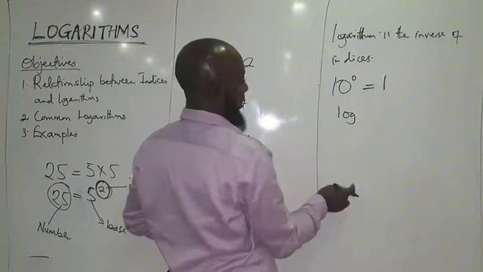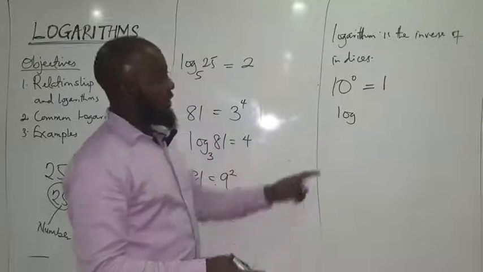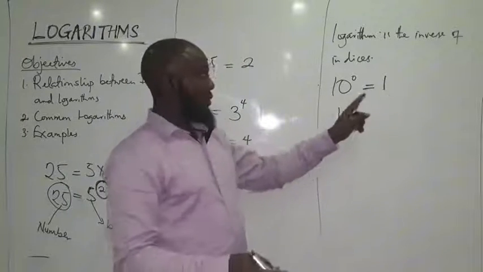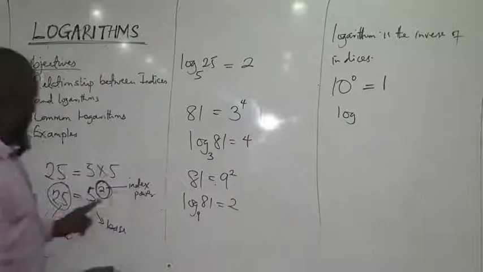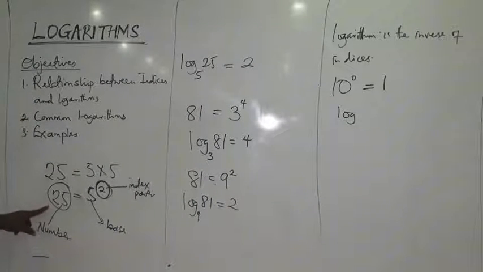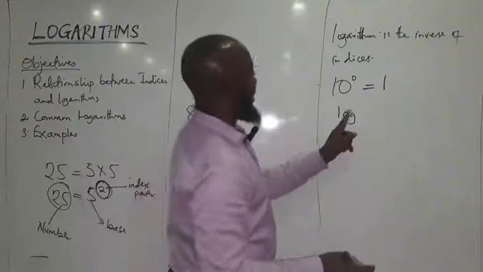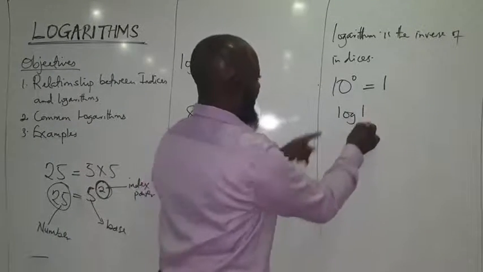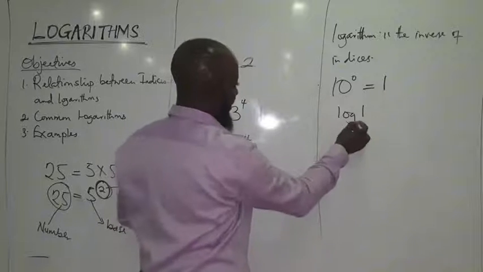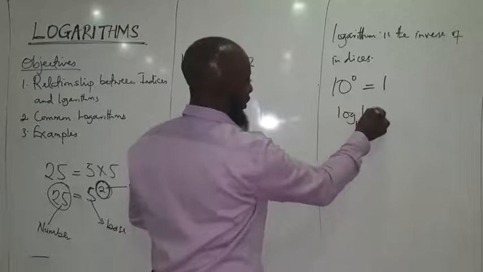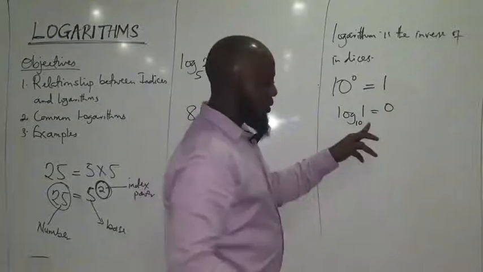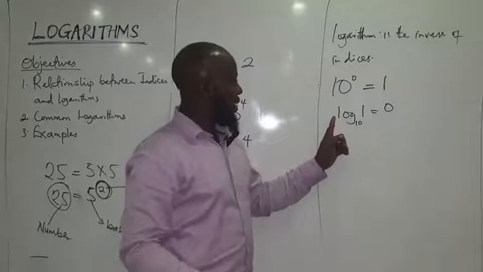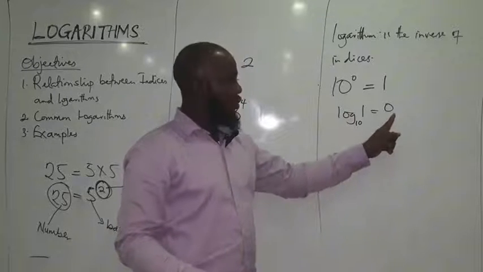Where is the number? This is the number, just like in the case of 25, 5 raised to power 2. This is the number, that is log 1. Where is the base? 10 is the base. So base 10 equals 0. Can you see that? So log 1 into base 10 equals 0.